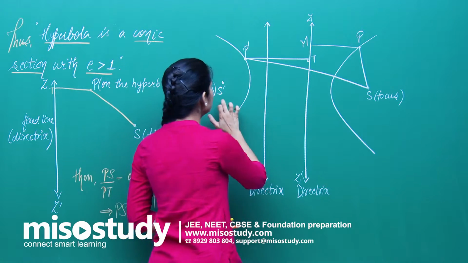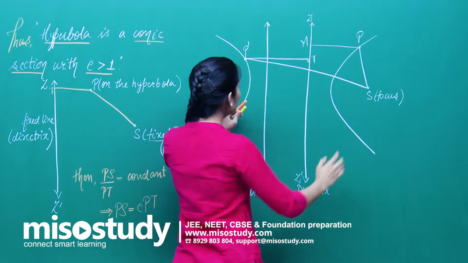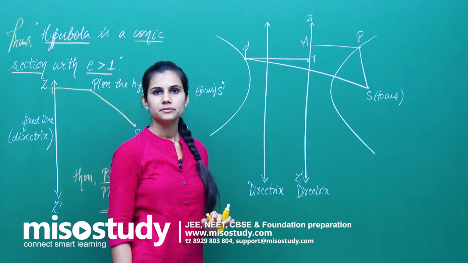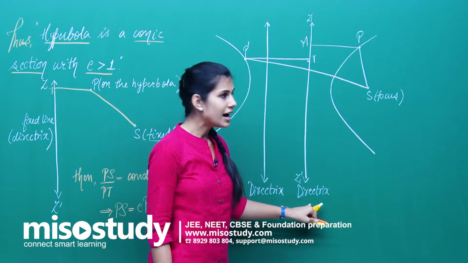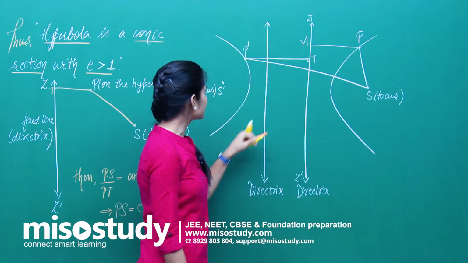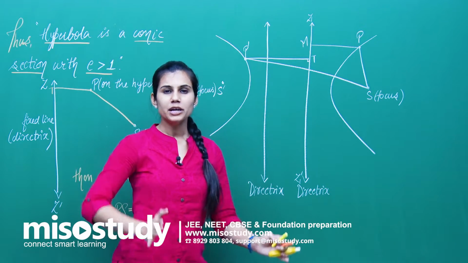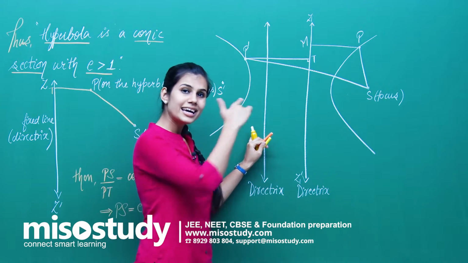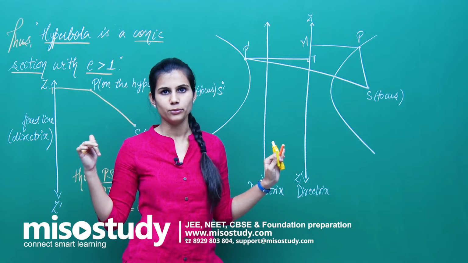That means this figure known as hyperbola has two foci and two directrices. If you keep this as the fixed point and this as the fixed line, you have this and this, both these curves actually making one curve known as hyperbola. But if somebody is interested in keeping this as focus, this as directrix, again the same figure will be plotted under the condition that is governing the construction of hyperbola.